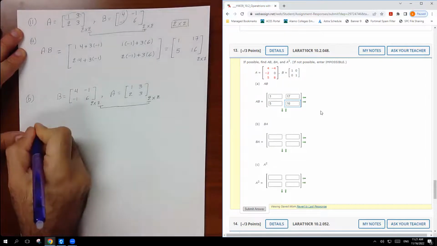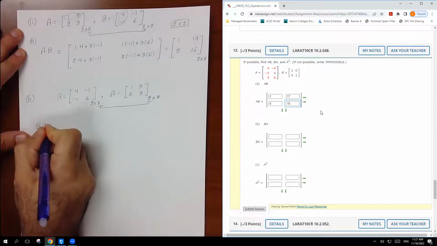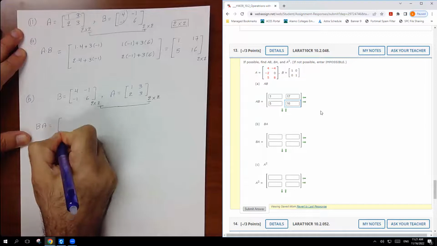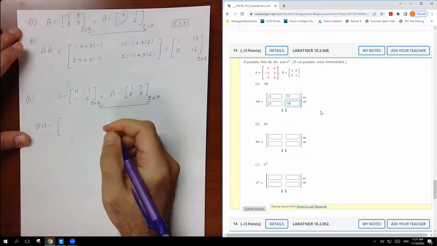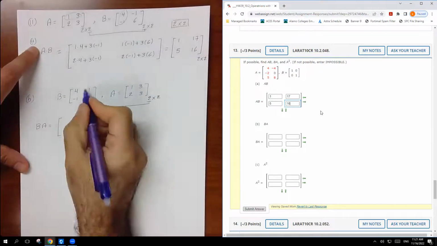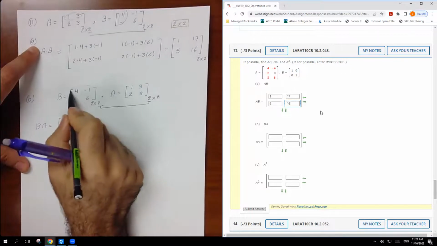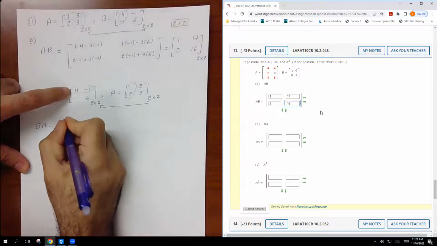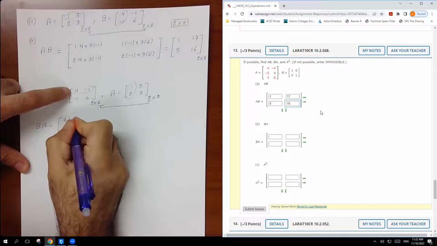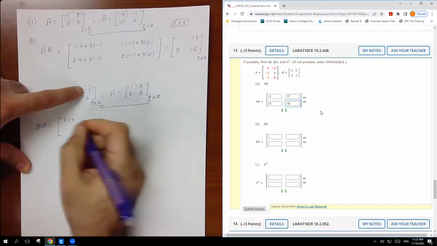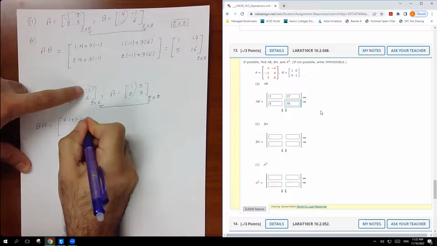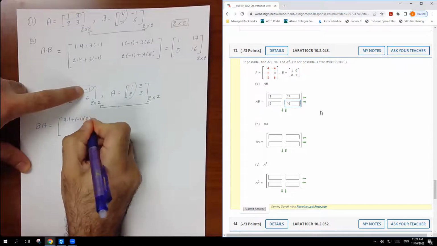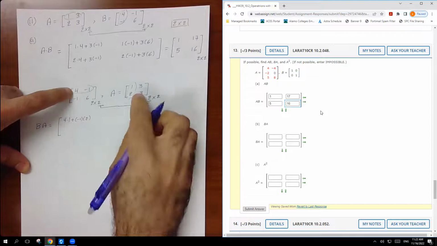So B times A is going to be the first row times the first column. So 4 times 1 plus -1 times 2. The first row times the second column.